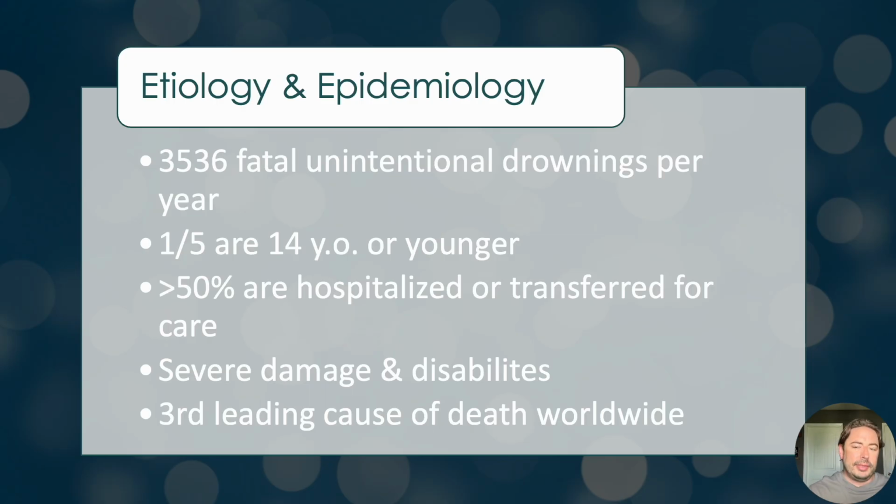When we break down the etiology and the epidemiology, we look at fatal drownings that are unintentional per year. We're looking at about 3,500 associated with non-boating accidents. Whether it's an unintentional kiddo falling into the swimming pool or a number of other causes, this equates to about 10 deaths per day.